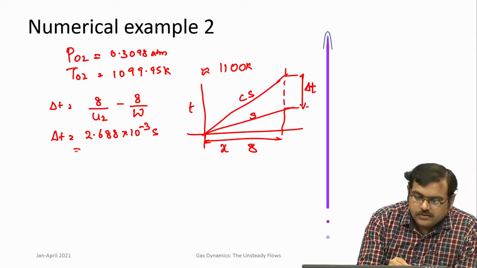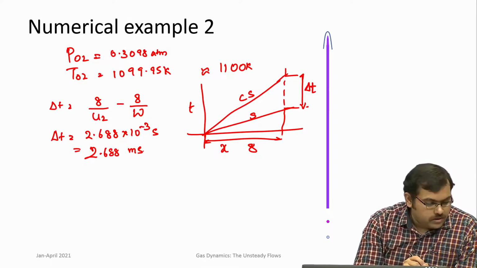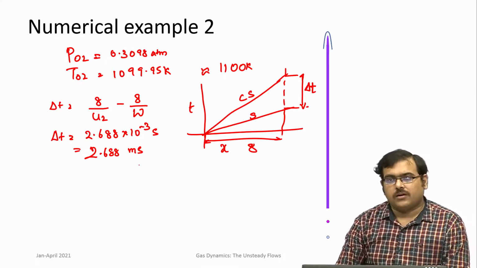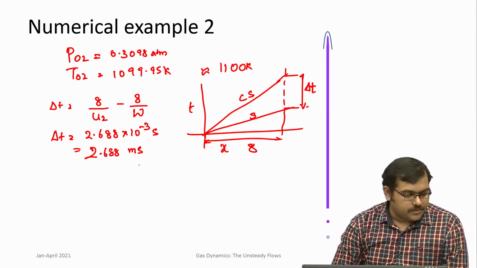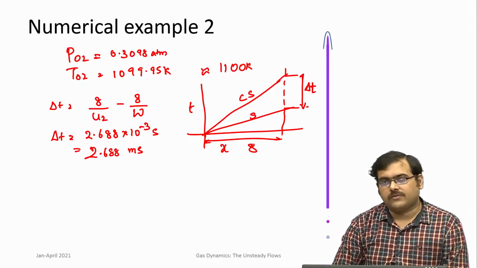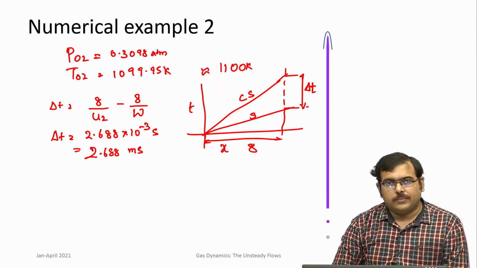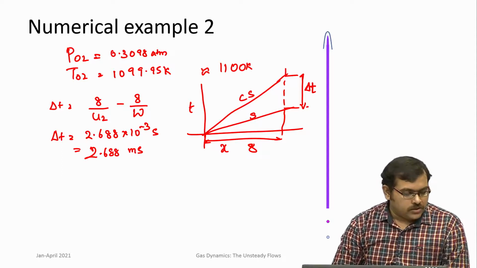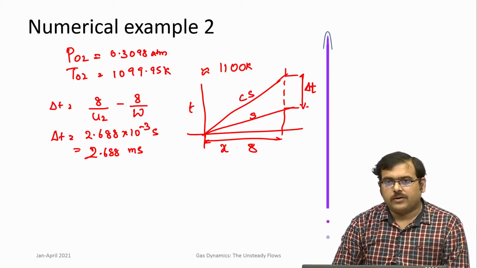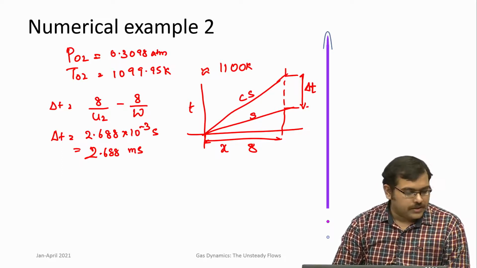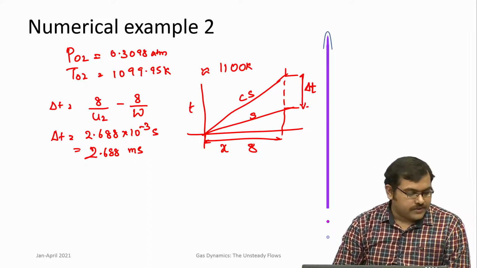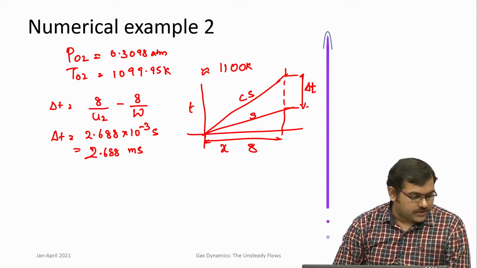So you can see this is quite small, 2.688 milliseconds. But these facilities are often used for high temperature flows, high hypersonic flows, high enthalpy flows, and test times there are quite short, but the instrumentation is also made advanced, and people get a lot of useful results from such facilities.